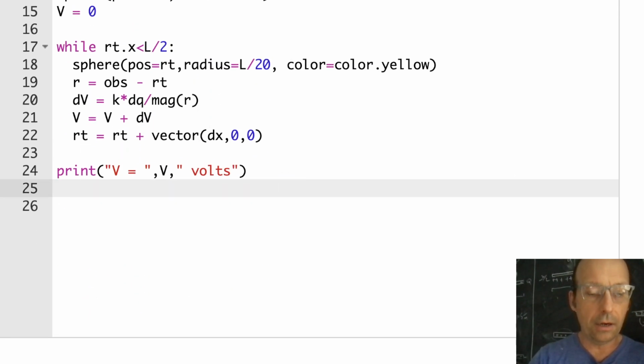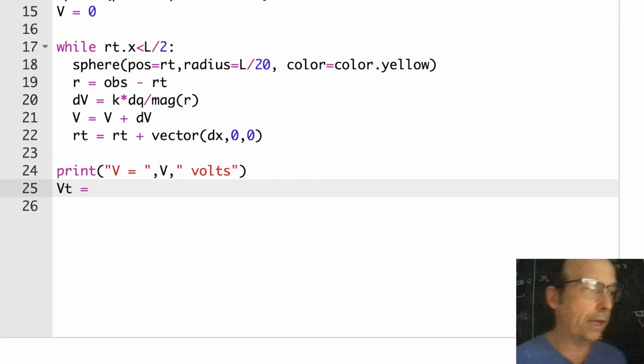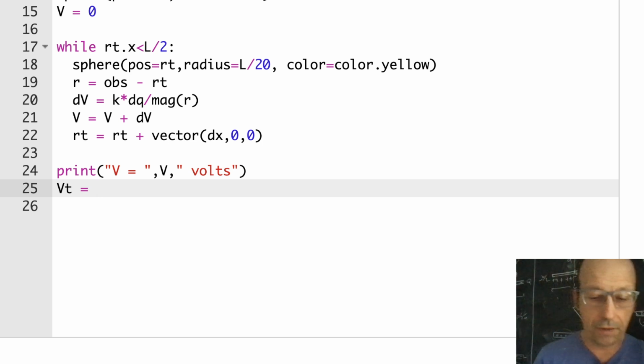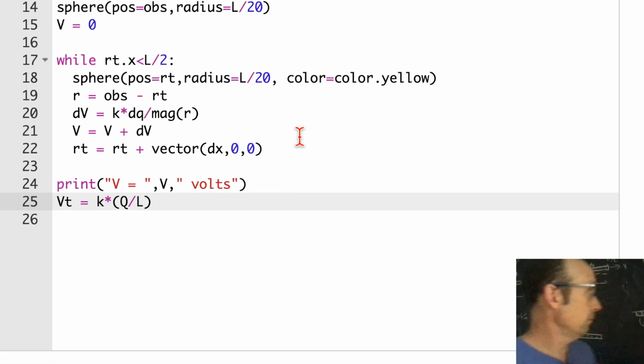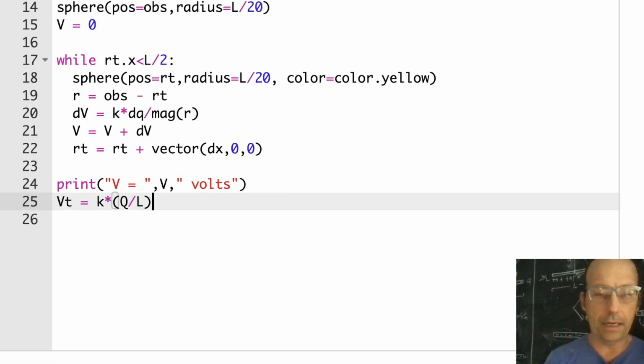Okay, so I'm going to go down here and call this VT, the theoretical calculation. I'm looking at my equation. I have K times Q over L. Did I call that Q? Yep. And then I need to multiply it by the natural log. I think, yeah, we use log.